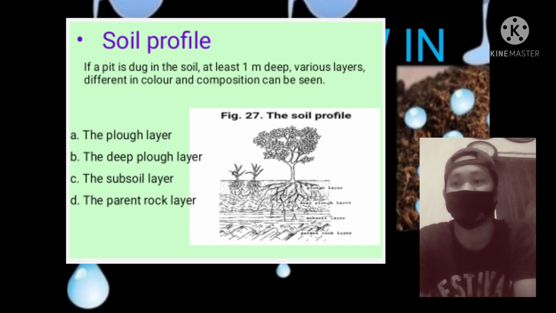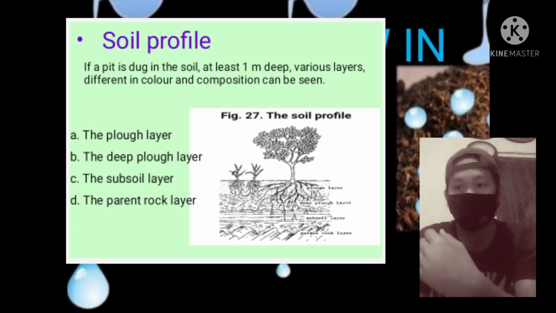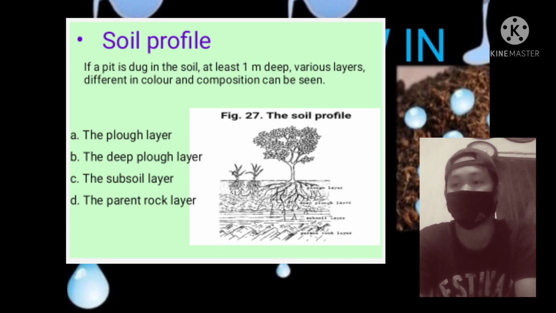This layer is subject to land preparation, and often has a dark color, brown to black. The second is the deeper layer, containing some organic matter and roots. Roots live here. This layer is hardly affected by normal land preparation activities. The color is light, often gray, and sometimes mottled with yellowish and reddish spots.